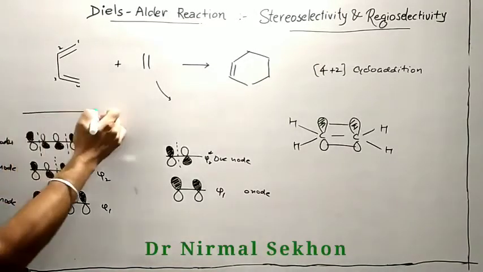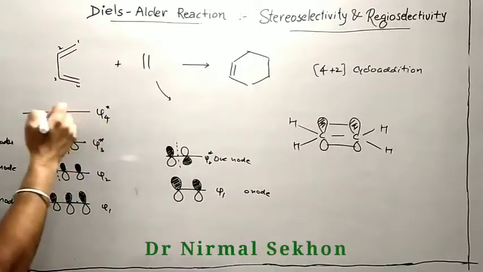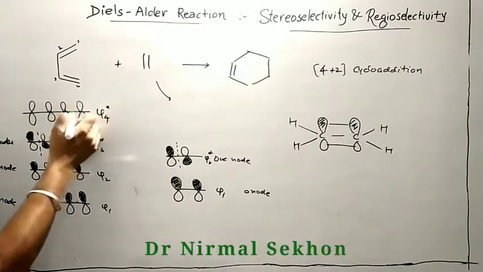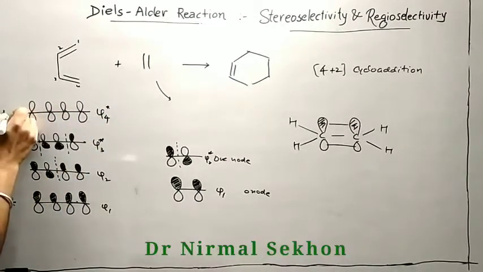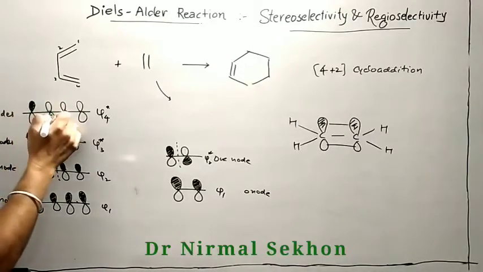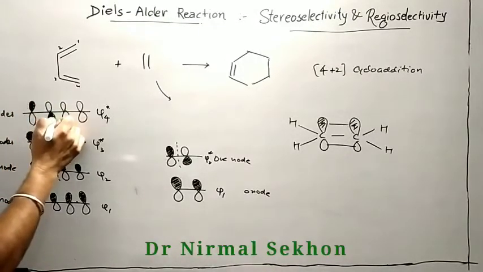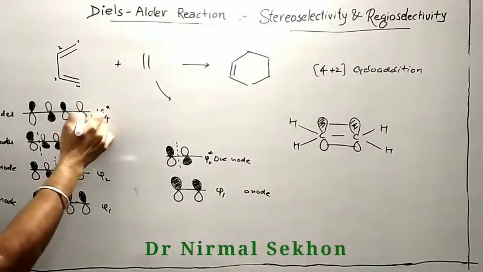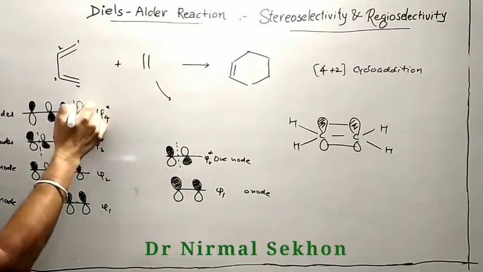Now we have psi4, which is also anti-bonding, corresponding to 3 nodes, with alternating lobes.